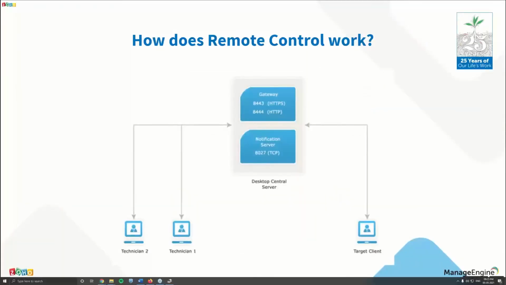Now, let us talk about how remote control works. Remote control uses two elements. One is a gateway server and the other is a notification server. Technician 1 logs into the Desktop Central console with his user account on his computer.